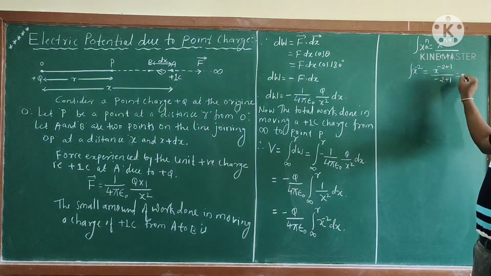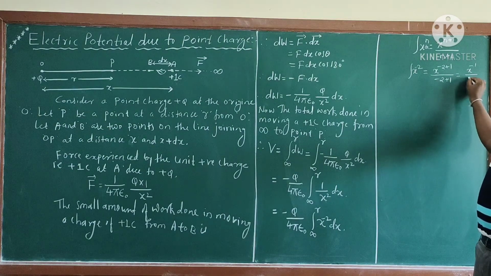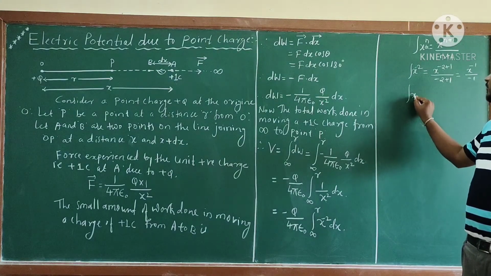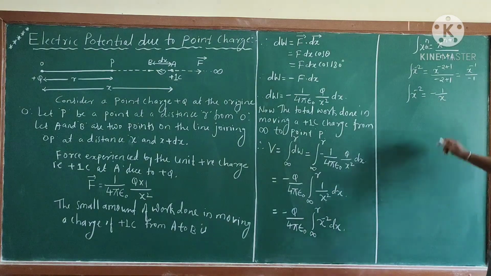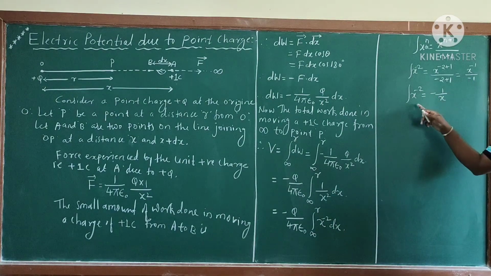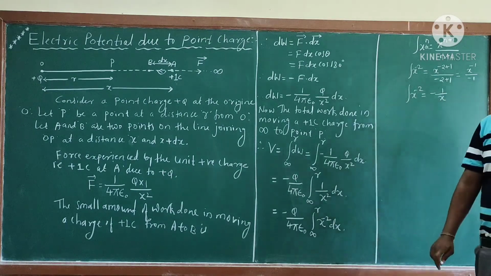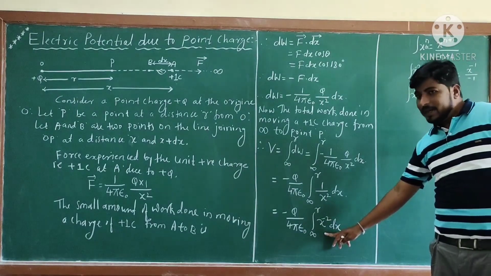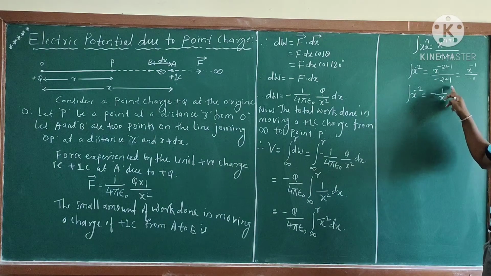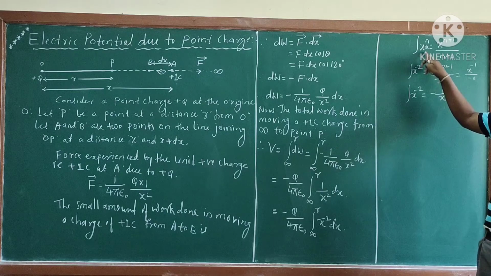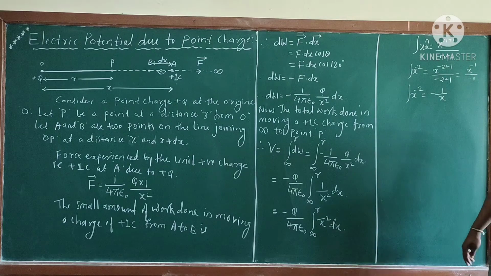Minus 2 plus 1 is minus 1. So integration of x raised to minus 2 is equal to minus of 1 by x, by using this formula.